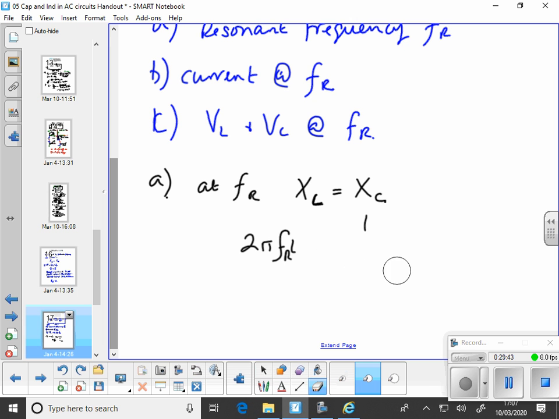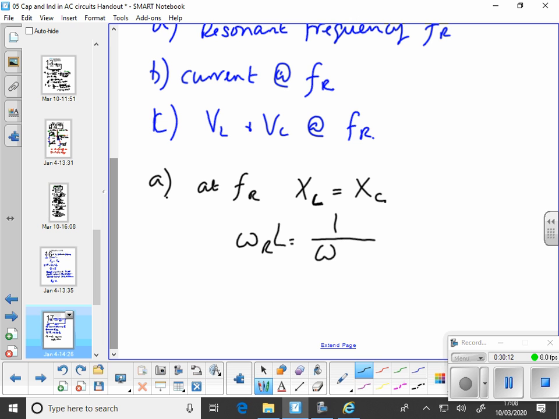What's the other form of XL? It is omega L. Remembering that omega is equal to 2 pi f, so if we can find omega, we can easily find f. So omega resonance times L is equal to 1 over omega resonance times C.